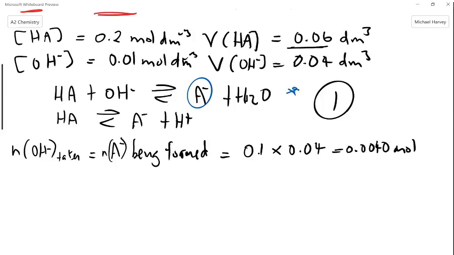So that's the amount of A minus conjugate base that's now being formed in that first equation.